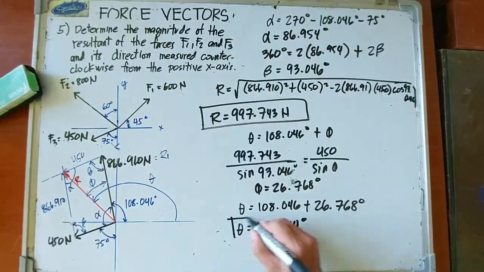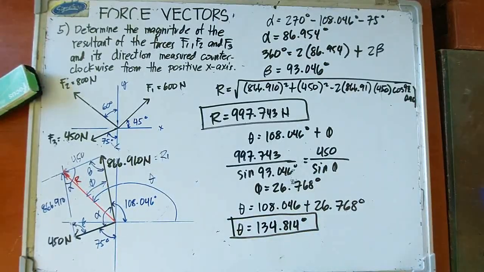So that's the angle theta. So this is the direction of R measured counterclockwise from the positive x axis. Okay, so that is problem number 5.